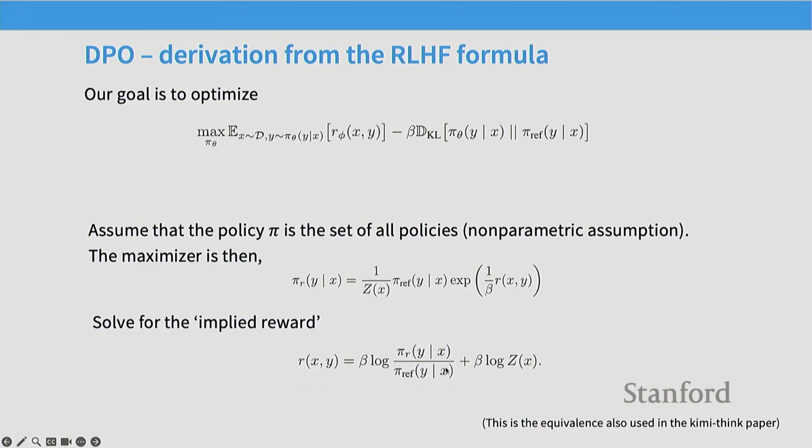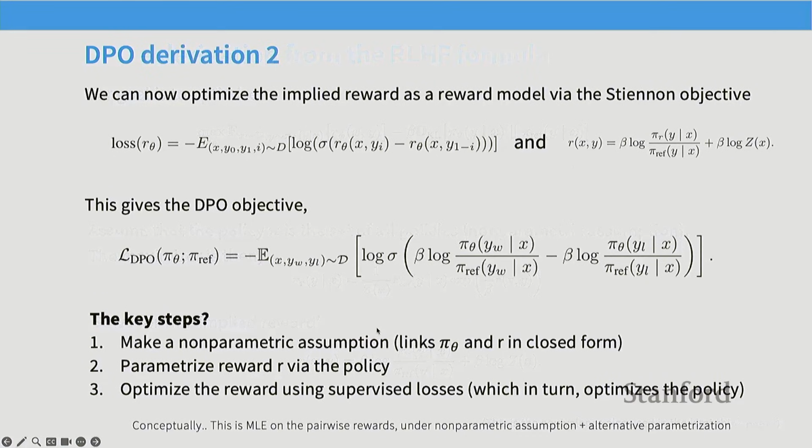We can solve for the implied reward by solving for r(x,y). And the clever part about DPO is to say that every policy, instead of thinking about policies, I can think about rewards, because the two are one and the same under this non-parametric assumption. And so remember, I have these two pieces. The left side is the Bradley-Terry equation from the Stiennon paper, the one before InstructGPT.